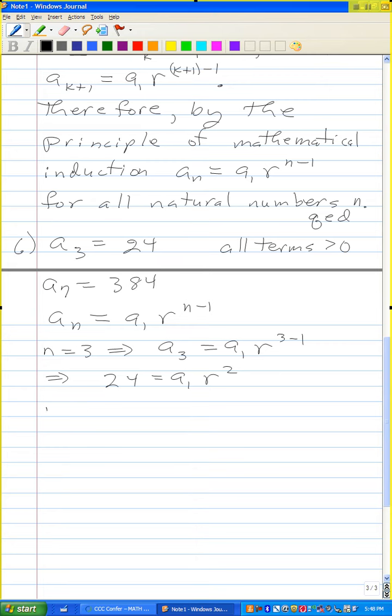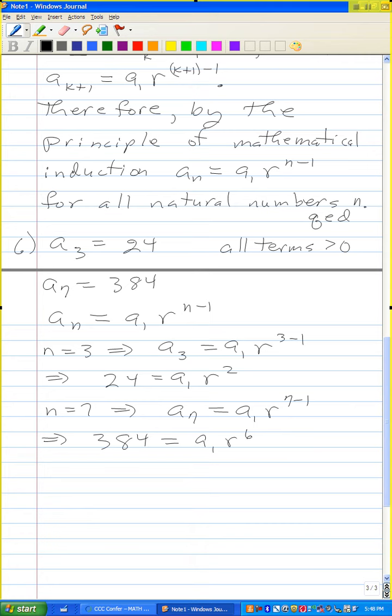If I let n equal 7, then a sub 7 is equal to a1 r to the 7 minus 1. And a sub 7 is 384, that's what we've assumed here. And 7 minus 1 is 6.